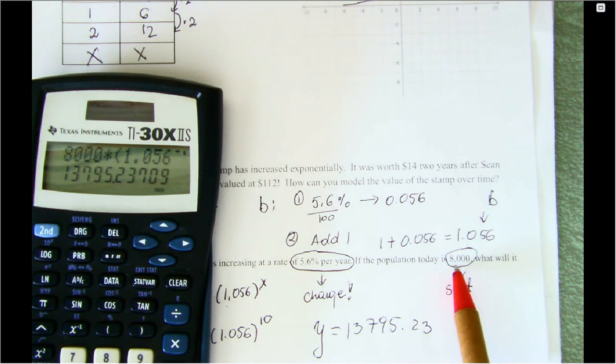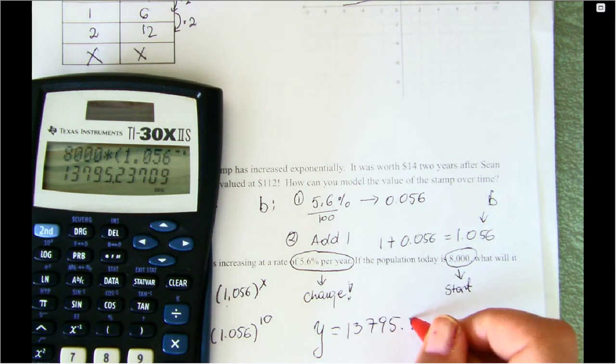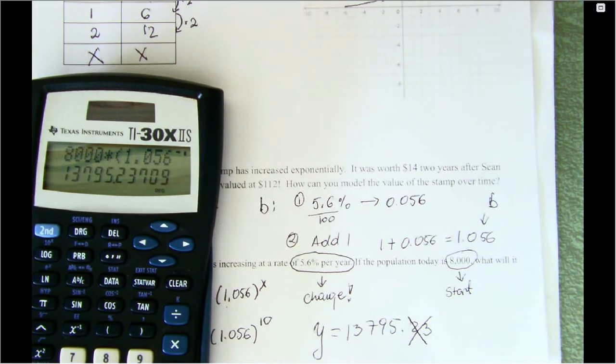But if it's just 8,000, we cannot have 0.23 of a person. So we don't count this. So you have to think about whether the answer makes sense for your problem. So after 10 years, I'm going to end up with 13,795 people in this city if the rate of change stays the same. So that was about exponential models here.